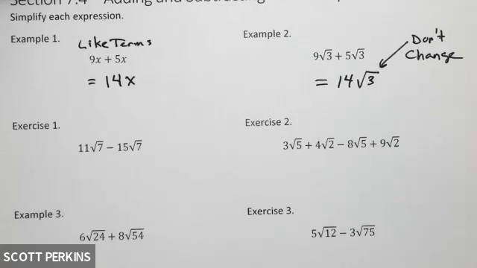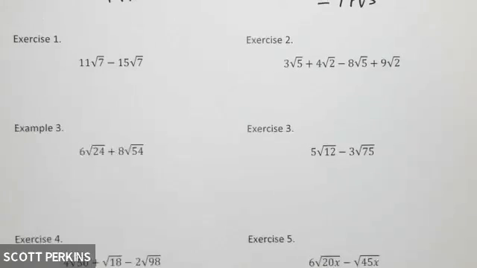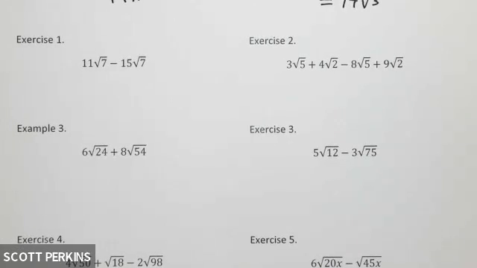All right, with that knowledge, that's all you need to know for the next couple problems. So I'd like you to do exercise 1. Go ahead and simplify that expression.